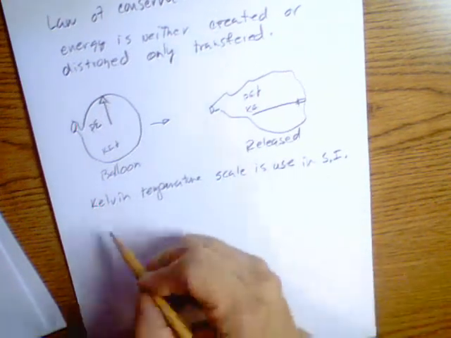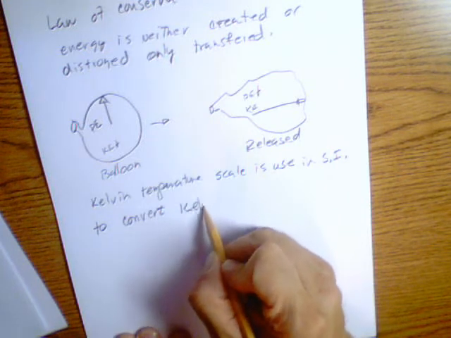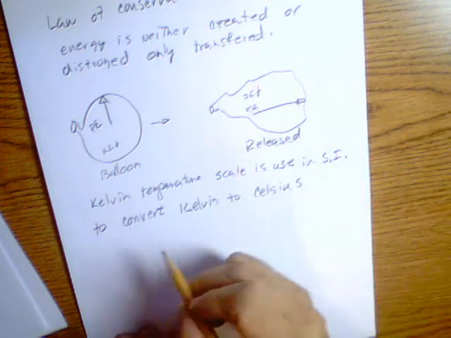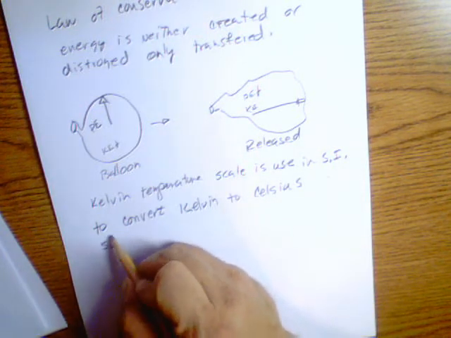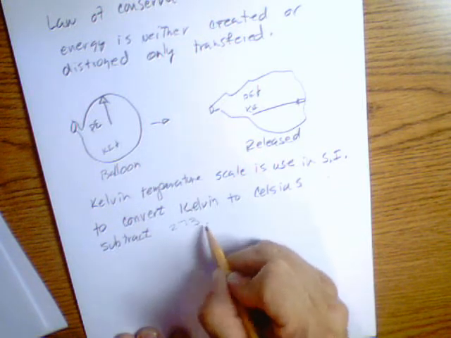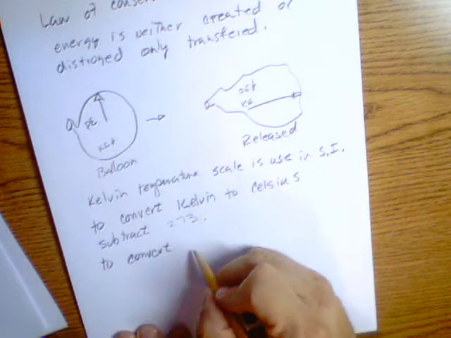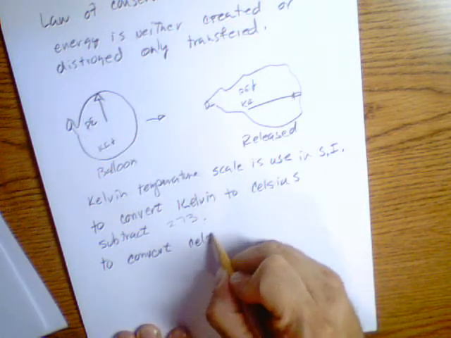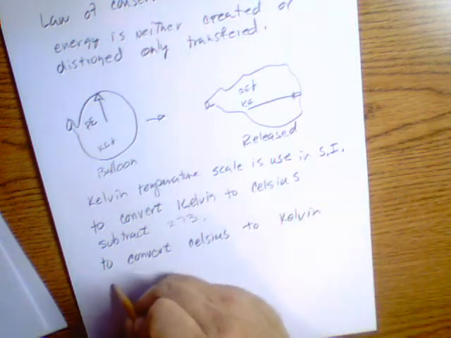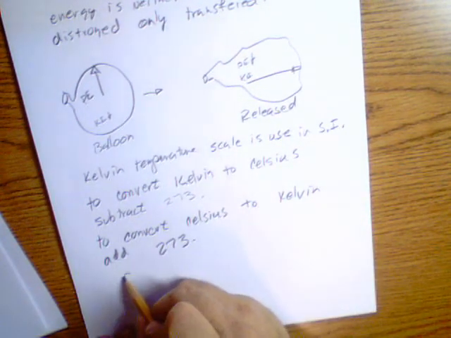To convert Kelvin to Celsius, you just subtract 273. And then to convert Celsius to Kelvin, add 273.